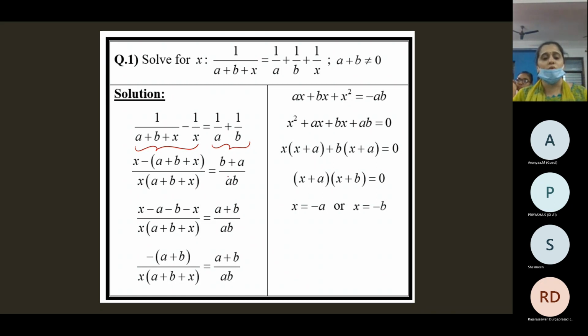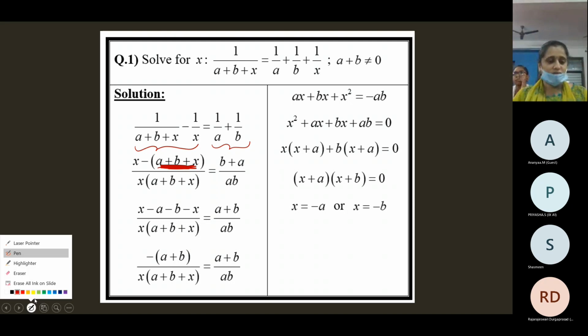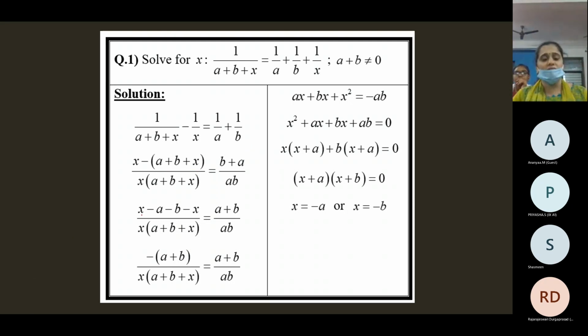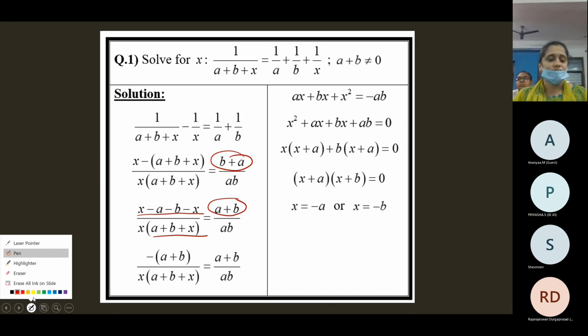Then common denominator on both sides. Open up the bracket here. Release these 3 terms from the bracket. Denominator as it is. You can write this B plus A as A plus B by AB.